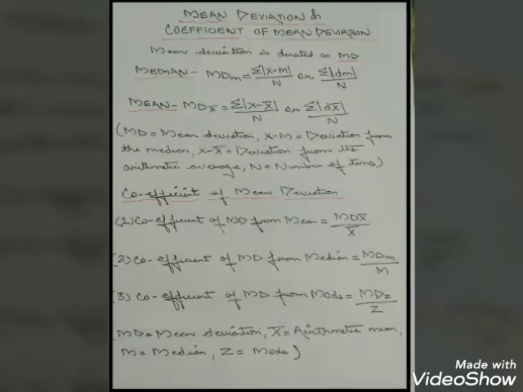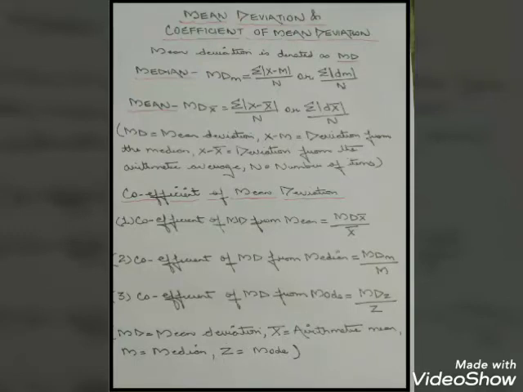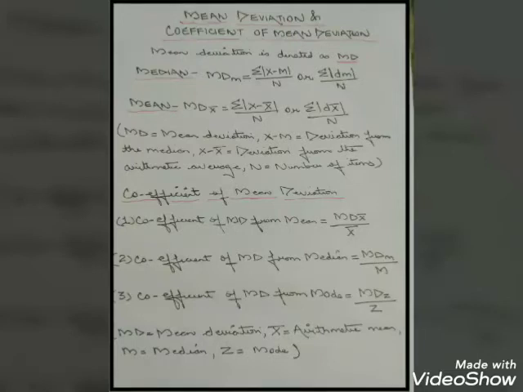And the formula for coefficient of mean deviation from mode equals MDZ upon Z, because you know that mode is denoted by Z. So here MD is mean deviation, x̄ is arithmetic mean, M is median, and Z is mode.